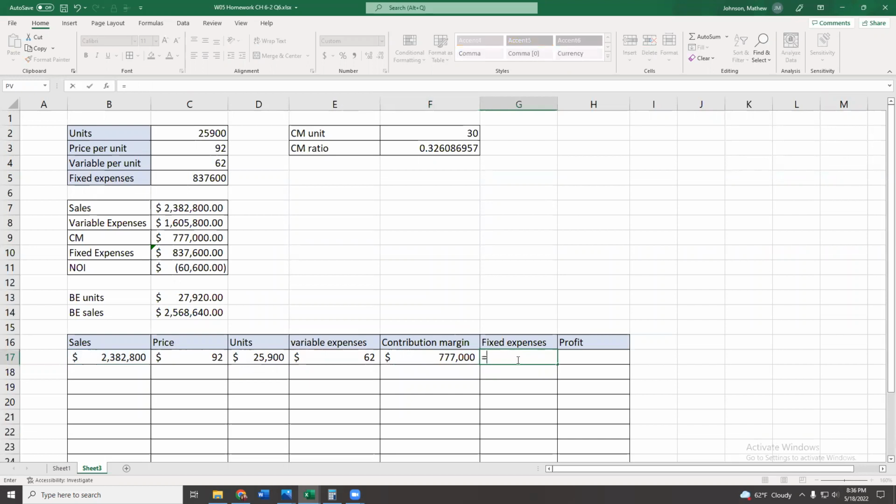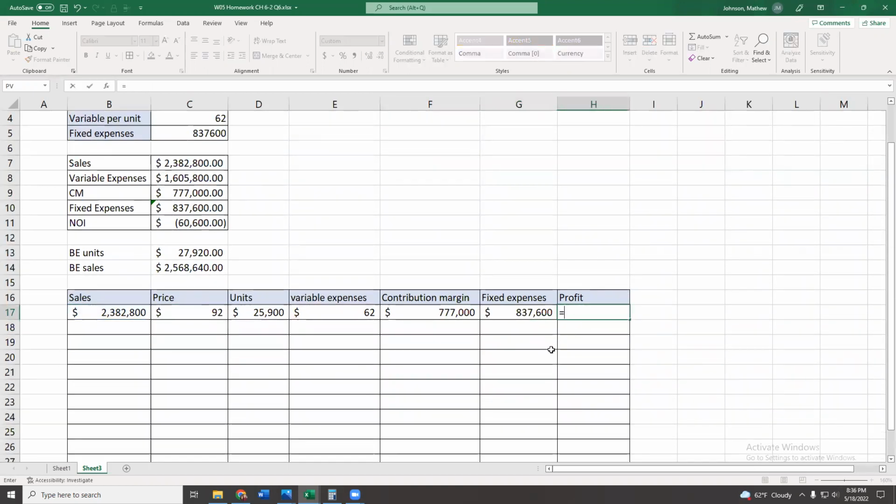The fixed expenses are always going to stay the same, so you can anchor the 837,600, or simply write the number there. The profit is the contribution margin minus the fixed expenses, and you can see we got the same number right here.